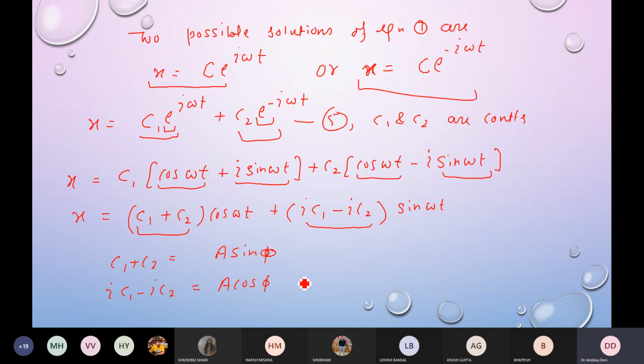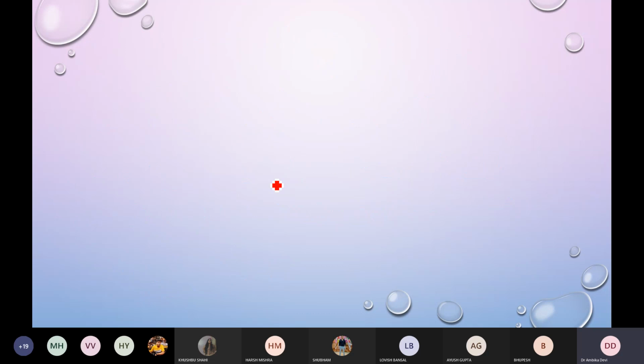So if we do this substitution, this equation will become x is equal to a sin phi cos omega t plus a cos phi sin omega t, right?